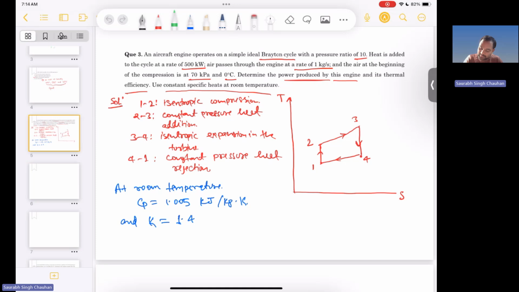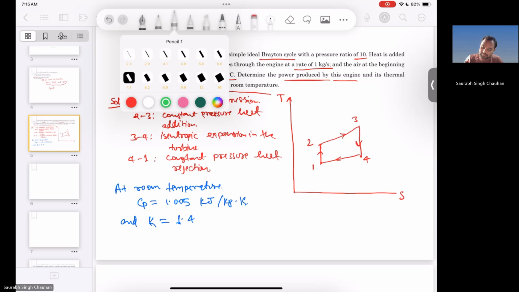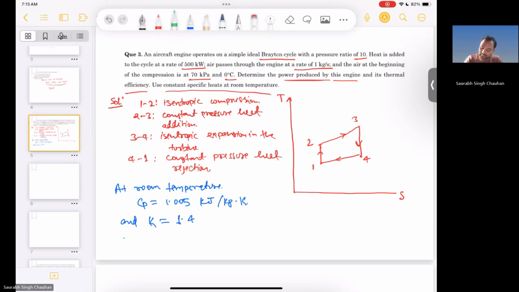T1 is given, 0 degree Celsius, so it is 273 Kelvin. Pressure is given, P1 is equal to 70 kilopascal.